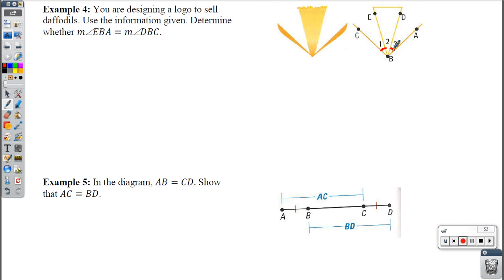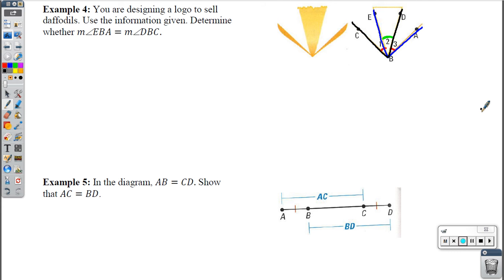All right, well, we've got in the middle this measure right here. If we look at these two angles, the two angles we're looking for are EBA, so that's this angle here, and then also DBC, which is this angle here. You can see that both of those angles have the green part in it, and then the other part of the angle is, for each of them, that red piece on the side there.